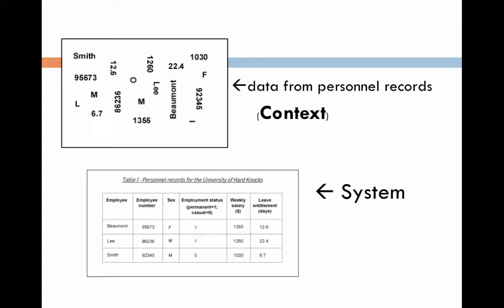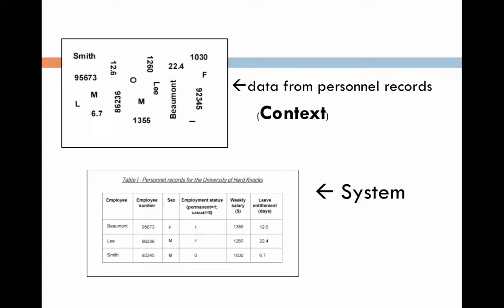For example, who do you think has the most power in their job, or who perhaps has been there the longest? You might guess that it would be Beaumont because the salary is the highest, and so they might occupy a higher position. Indeed, if you look at employment status, both Beaumont and Lee are permanent employees, while Smith is a casual employee.